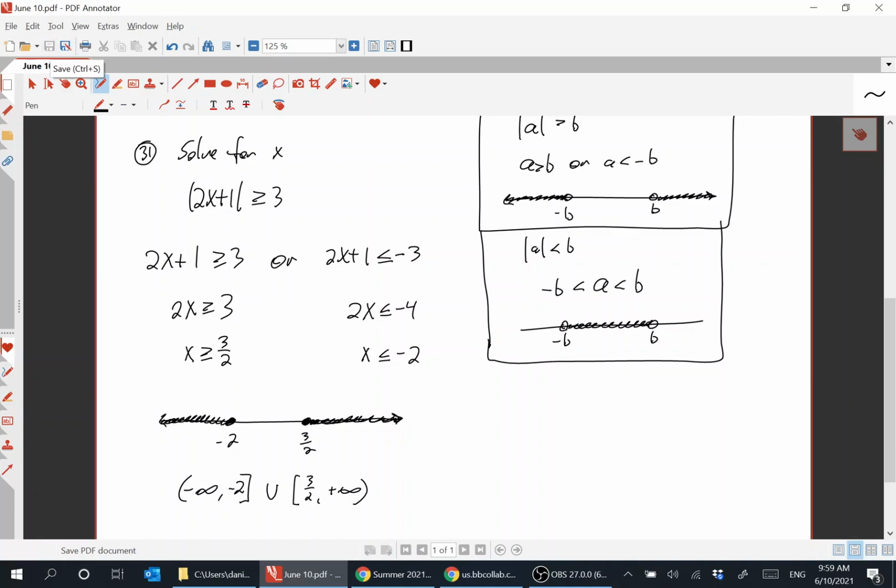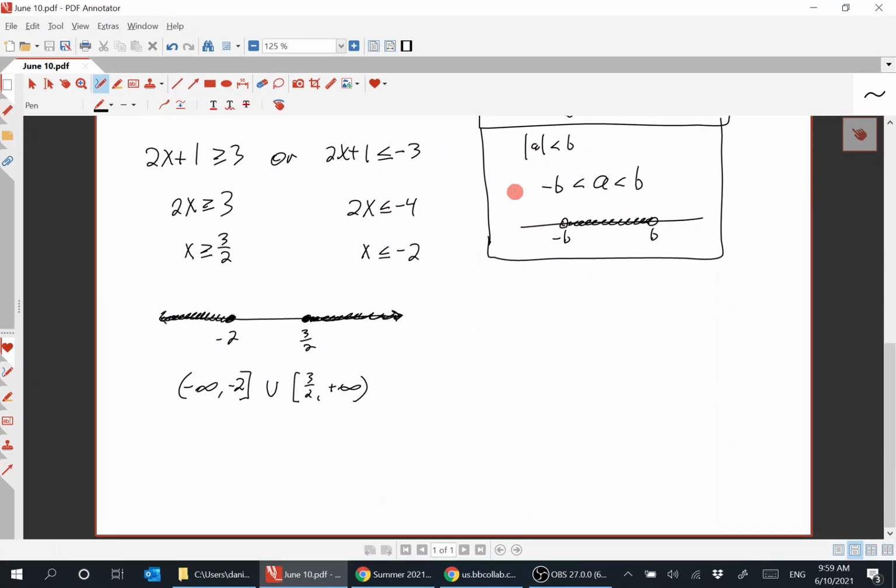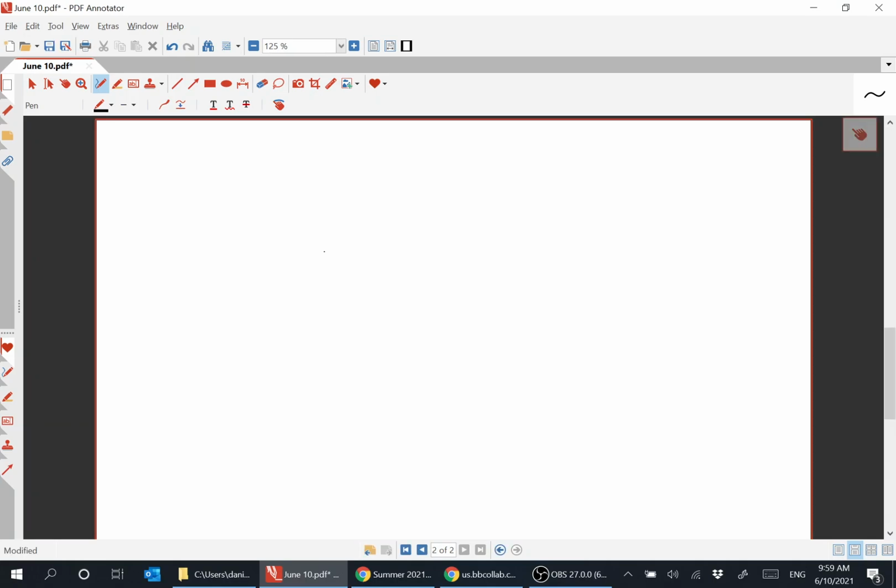Number 35. The absolute value of x minus 2 over 3 is less than 2. All right.